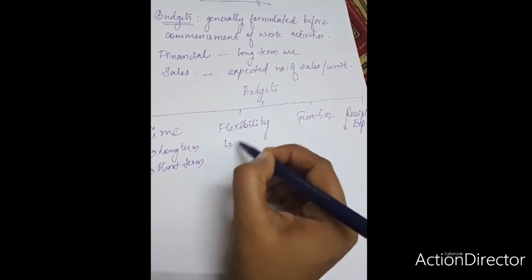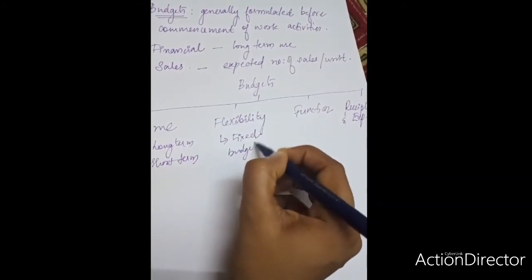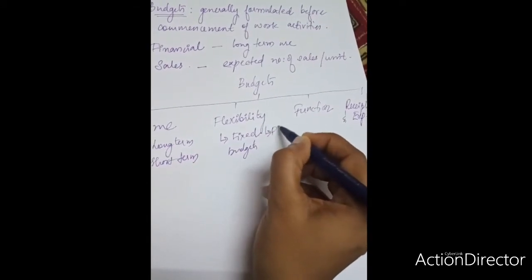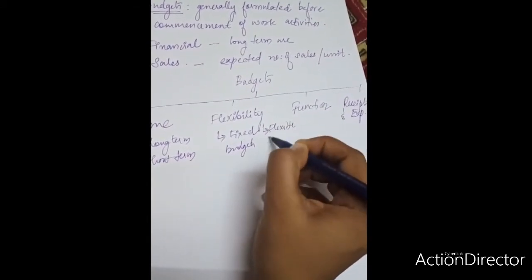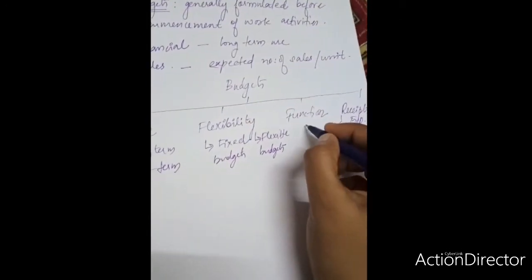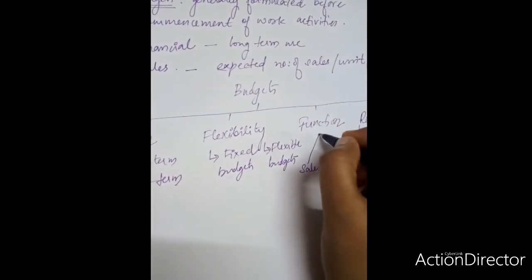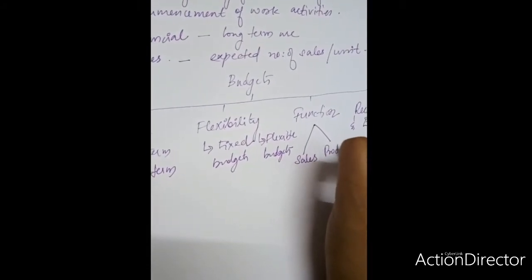Flexibility is again divided into fixed budgets and flexible budgets. Function is again divided into sales and production.